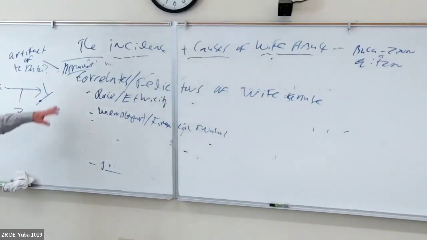For example, if you're not a fully documented immigrant and your husband's beating you up, you might not want to call the cops, because that could lead to deportation of you and your children. So you might have to just accept a few smacks to the face rather than let the cops come in. So immigrant women are one reason we think this data might not be telling us the whole story, because there might be a lot of immigrant women not calling it in.